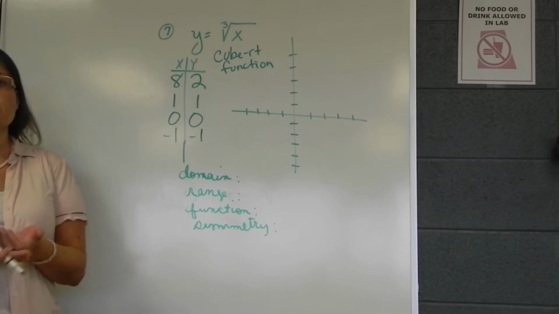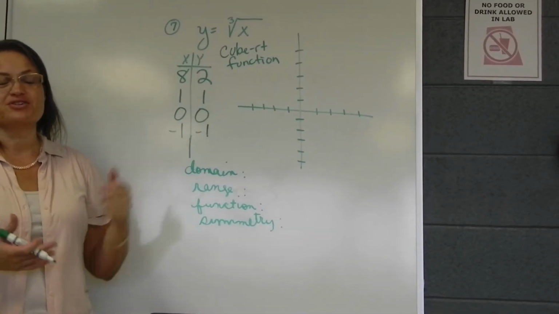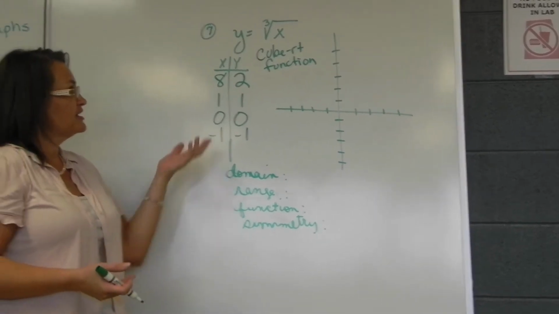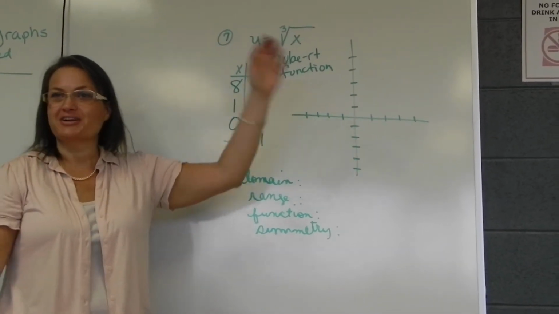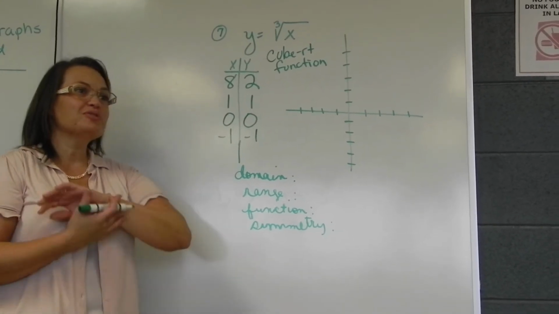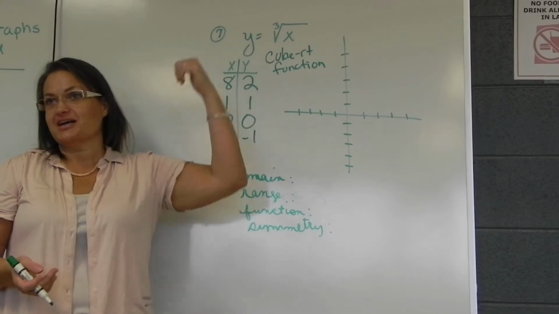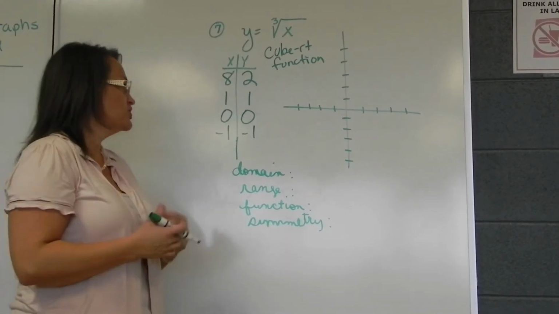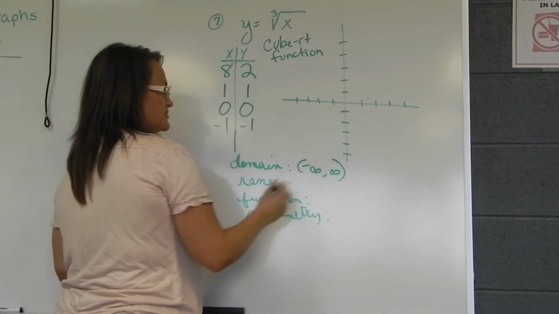All right, could I plug in the cube root of 2, the cube root of 5.2, all these different numbers? Could I plug in negative 5.6 or negative 2.9? Yes, you can plug in anything that you want for x. Cube rooted, it comes out to be real. So there's no restrictions on the domain. So we'll say negative infinity to positive infinity.